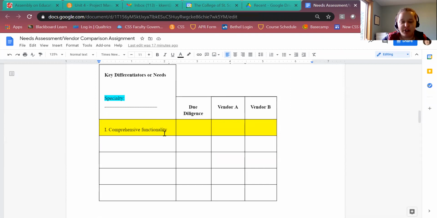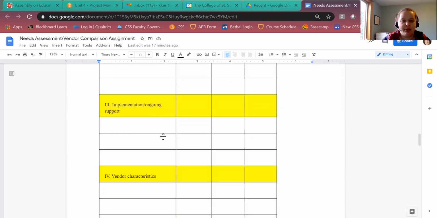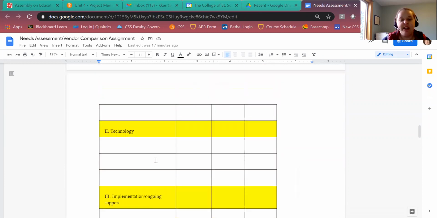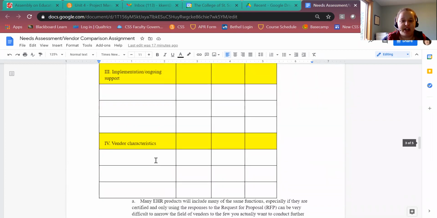What are the comprehensive functionality needs of this sector of healthcare? What are the technology needs? What are the implementation and ongoing support needs? And what are some vendor characteristics that your organization would look for in a vendor? Okay. So first thing would be to identify those key differentiators.